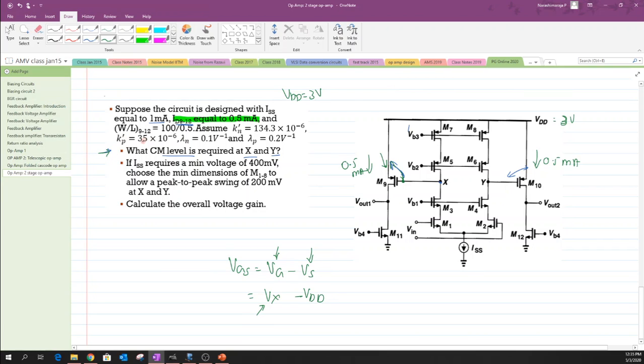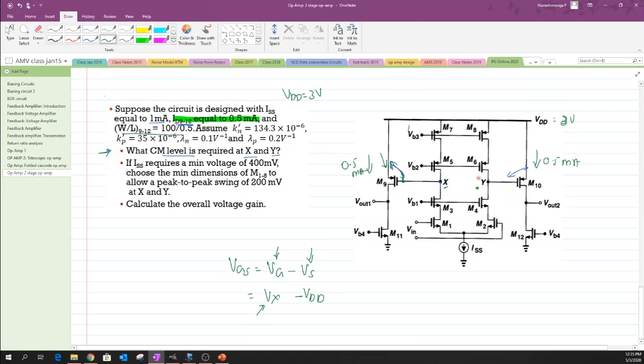Hope that you are clear, because Kp dash is given, the W by L factors of these transistors were given, and the current flow is also given. So we have all the parameters except for the VGS value, and once you get the value of VGS, one could use it in order to compute the common mode values at node X and node Y.